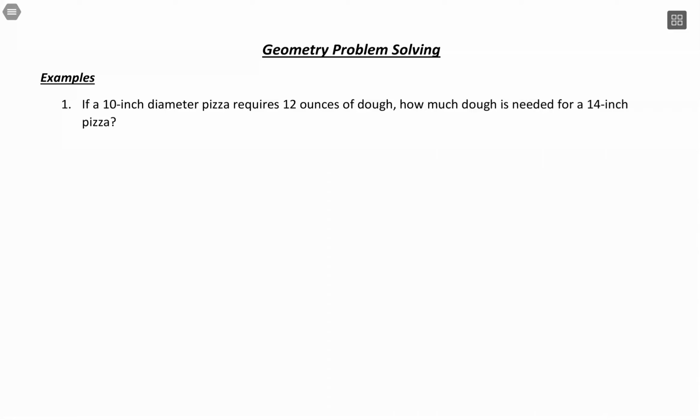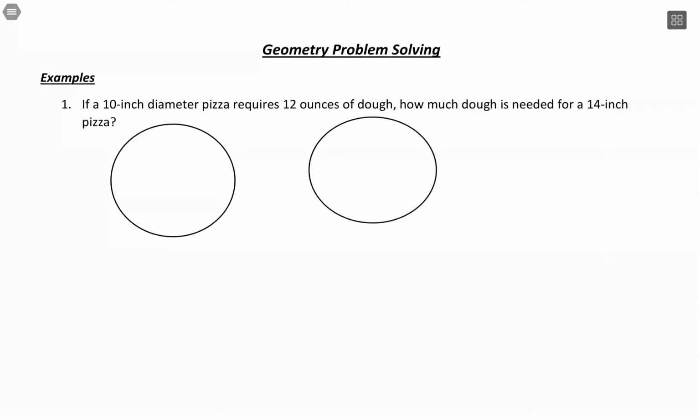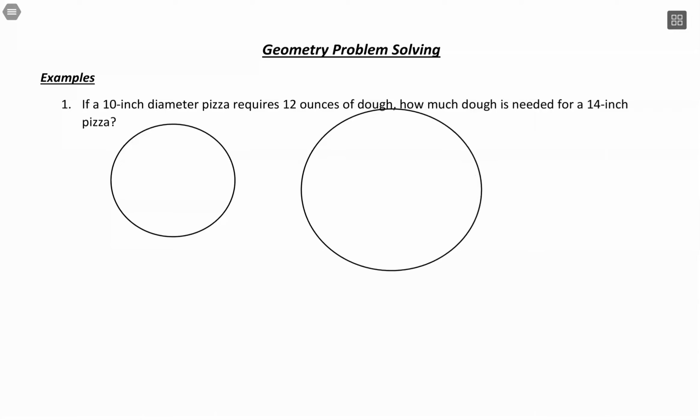So in this first example, we have a 10-inch diameter pizza, and that requires 12 ounces of dough. And then how much dough is needed for a 14-inch pizza? So we have these two pizzas. We have a smaller pizza and a larger pizza.